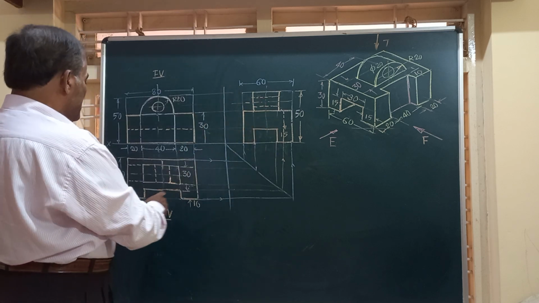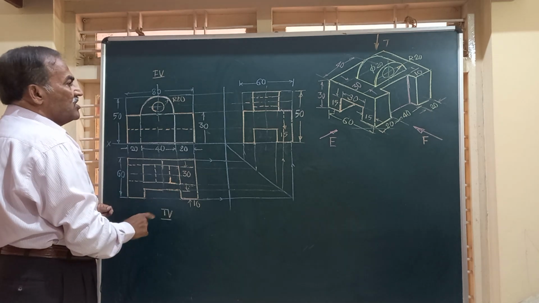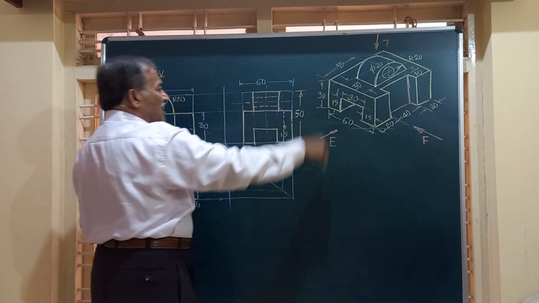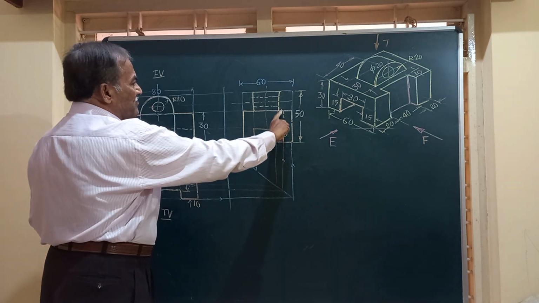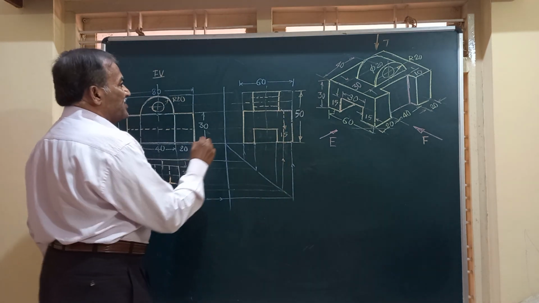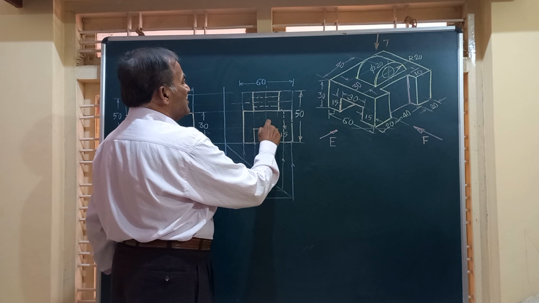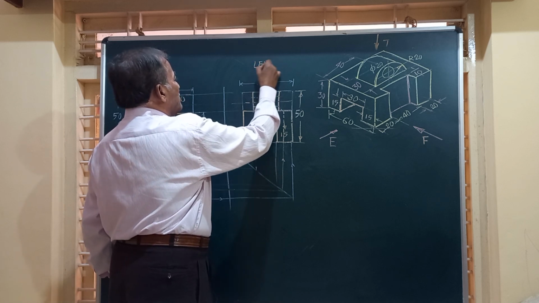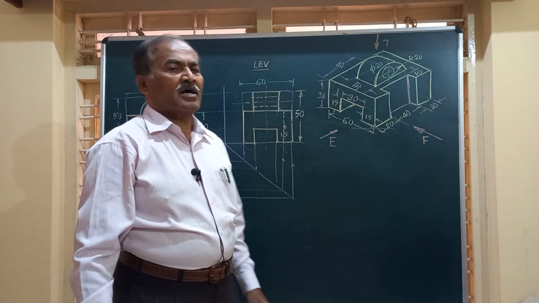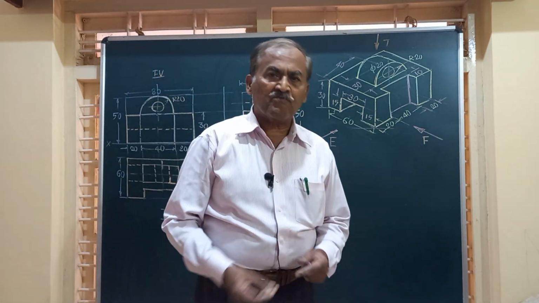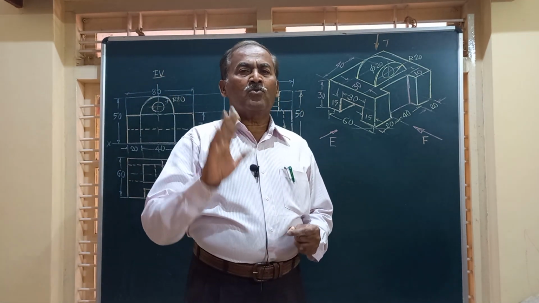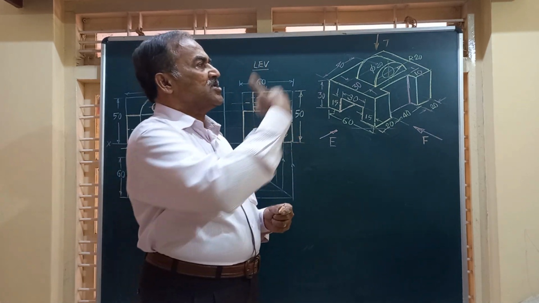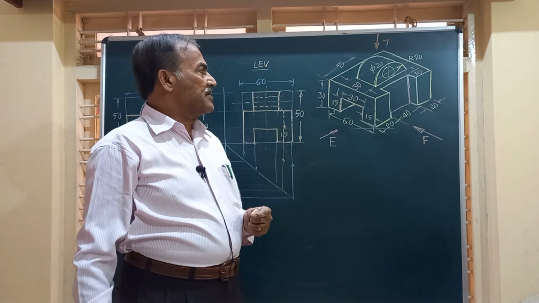That is, the slot is seen as a rectangle here, and in the end view it has got a width equal to 10 and over a height of 30 mm. You have the dotted line. Friends, this is the left hand view, and I will call it as LEV. LEV means left hand view or left side view or left profile view. They mean one and the same, and always the left hand view is obtained on the right profile plane.